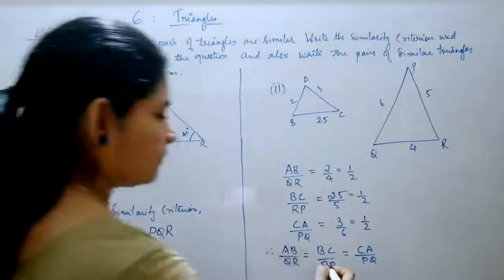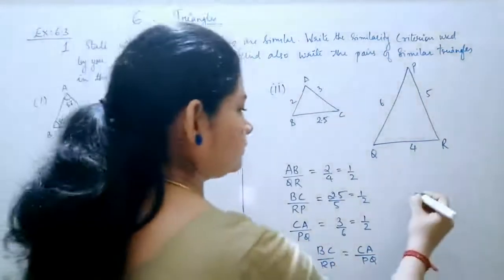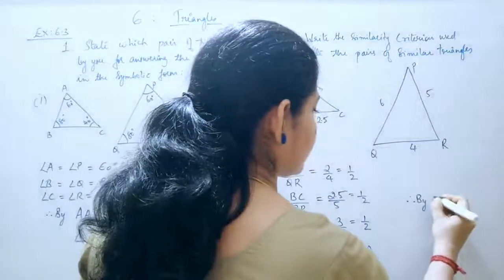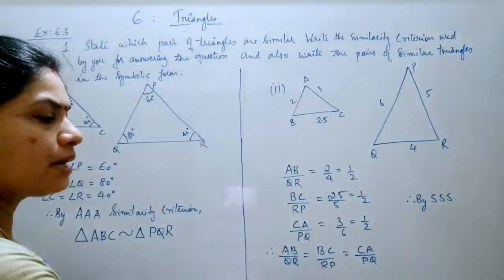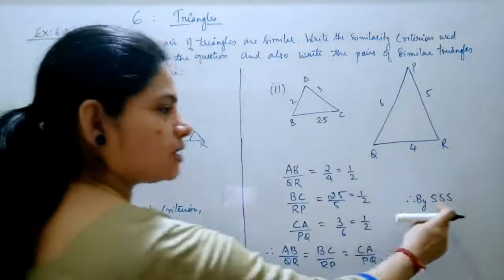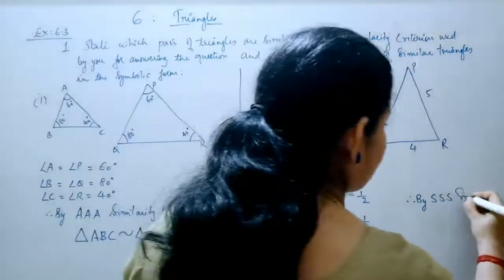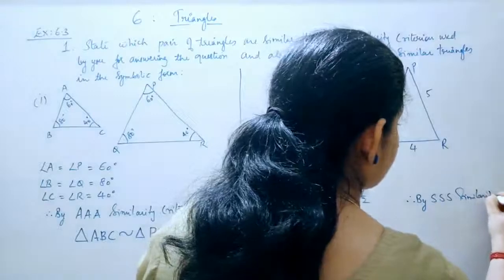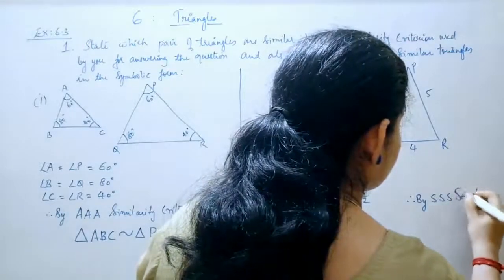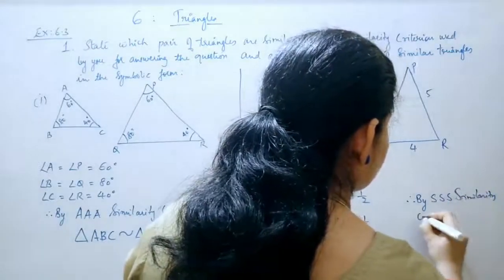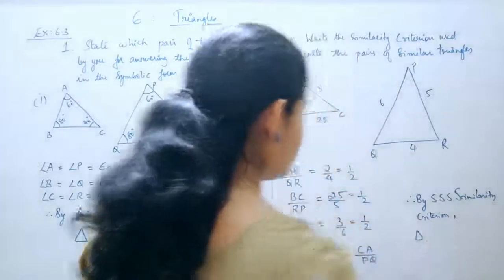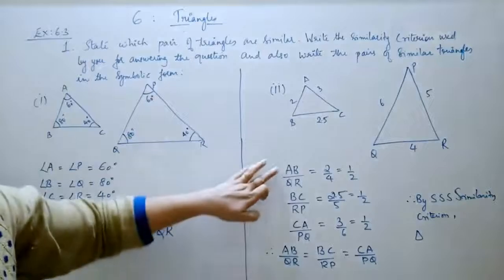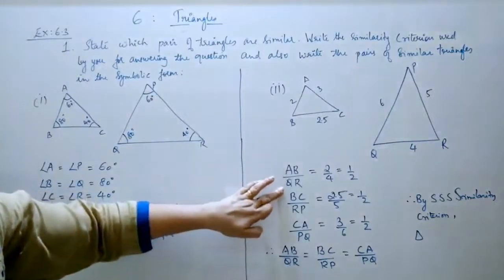Okay. Therefore, by SSS, the corresponding sides are proportional. So we are using by SSS, similarity criterion. Now again you have to just go for which side should coincide with which side.